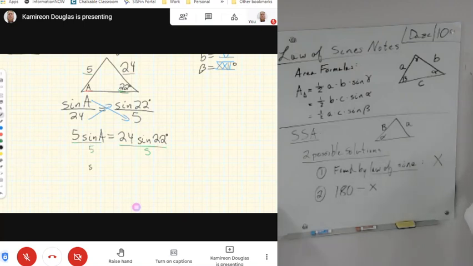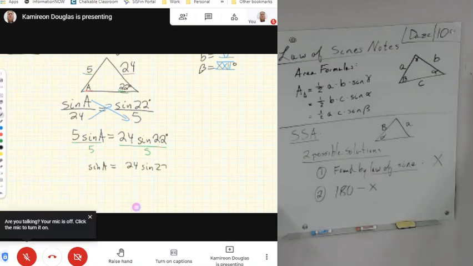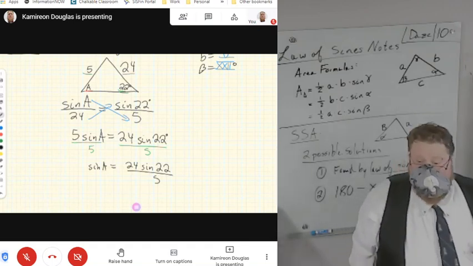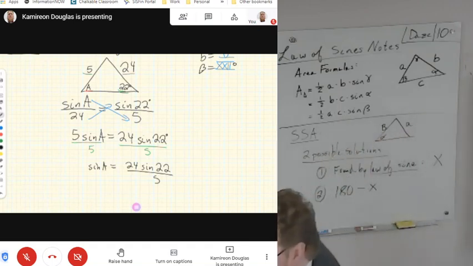I end up with sine of A is equal to 24 sine of 22, all over 5. This is what sine of A is equal to. We talked yesterday about how to get A by itself from this point. We use an inverse. So I invert both sides.